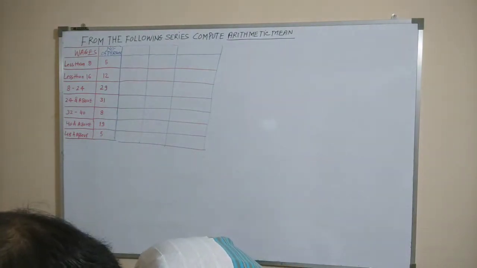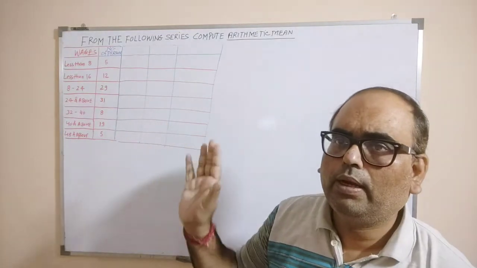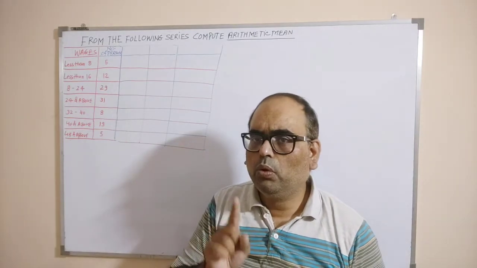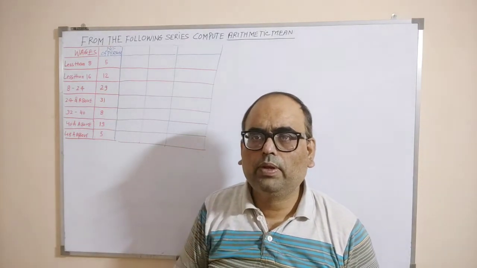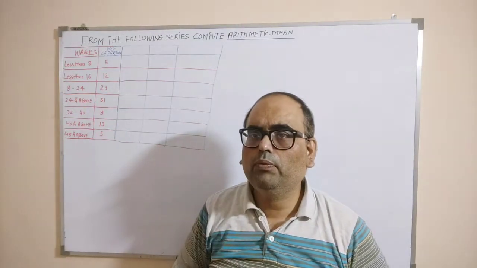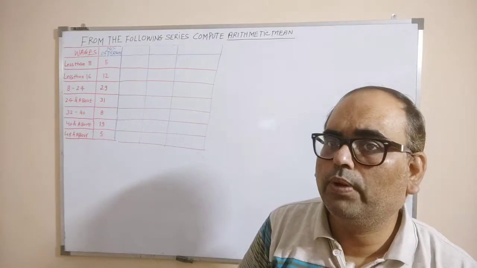So first of all, here the complete class interval is not given. Until and unless we know the class interval, we cannot compute the arithmetic mean. So what we need to do is compute the class interval.